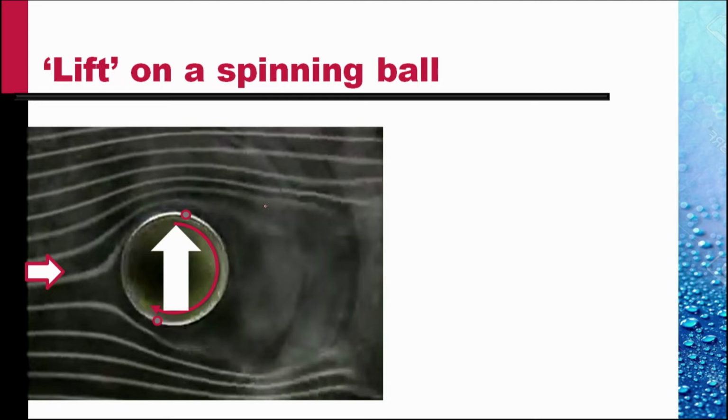This force is termed lift, because it is perpendicular to the direction of motion of the ball moving to the left, and it is utilized in most sports to deviate the path of the ball.